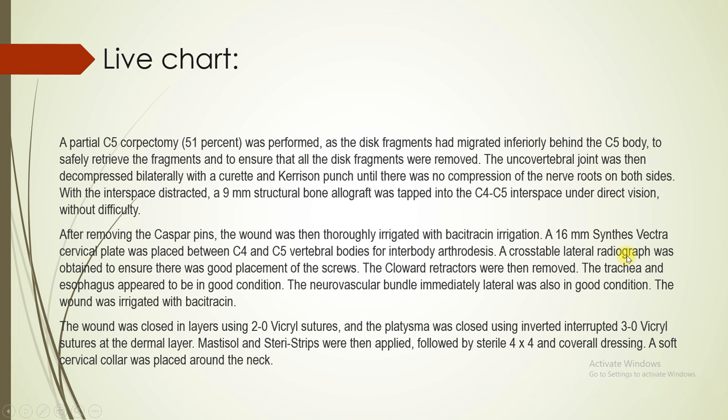A cross table lateral radiograph was obtained to ensure there was good placement of the screws. Okay, so as soon as the physician performs the insertion of the cervical plate, the physician has positioned the screws. So the Cloward retractor was then removed. Okay, so basically application of the vertebral plate is a very important step in the arthrodesis procedure.